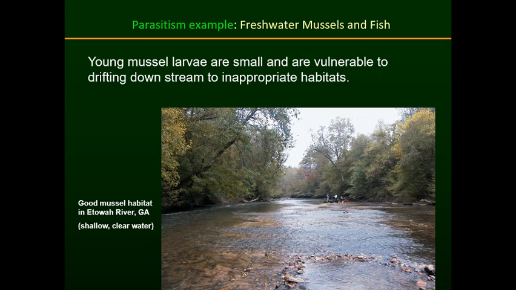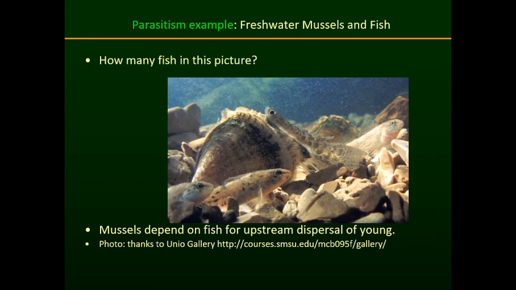All right. So mussels, female mussels, have some pretty cool tricks for making sure that their larvae stay in the appropriate habitats. And to get at that, I want you to take a look at this picture, and I want you to maybe pause the video for a second and count the number of fish that you see here.